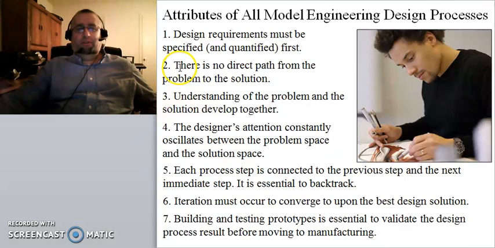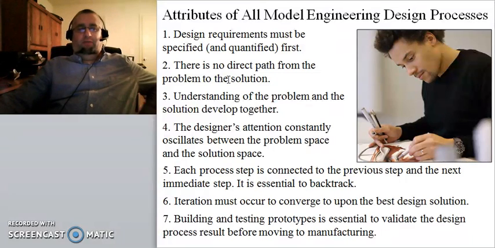The second attribute is that there is no direct path from the problem to the solution. So as we saw in the very first example, there was that arrow going back up in the wrong direction, just to remind us that this is not a hierarchical or linear process. Sometimes you learn something late in the process that informs a decision that you would have made earlier on, and so you do have to backtrack.